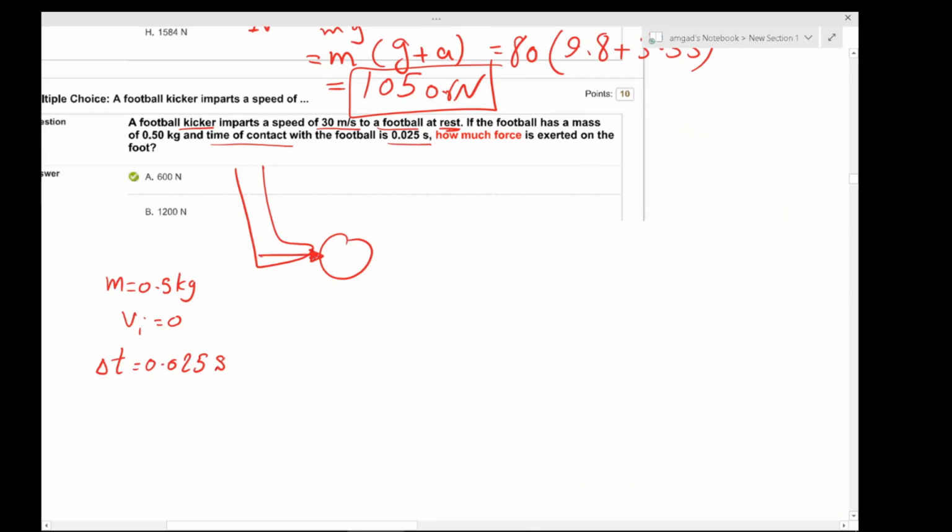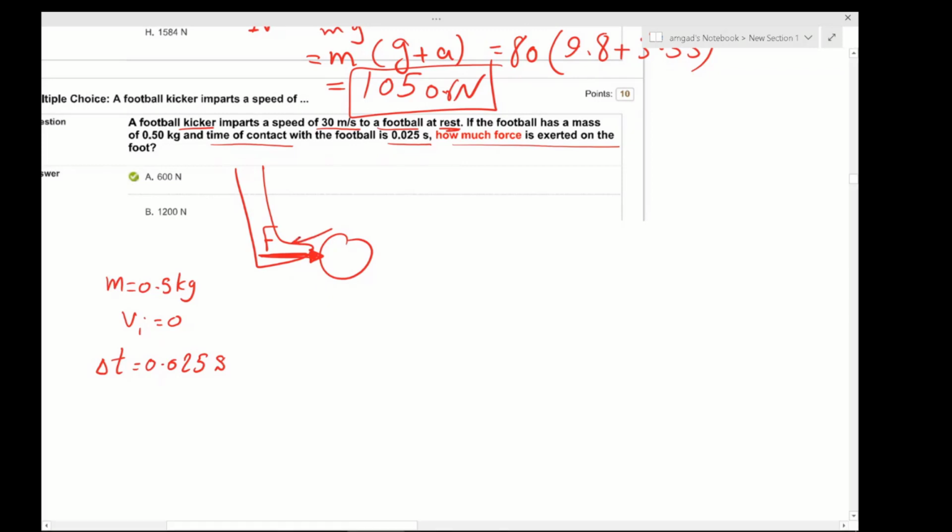So he applies a force by his foot. This force is F. He applies this force for this time. So this force will give a speed or a momentum to the ball. How much force is exerted on the foot?